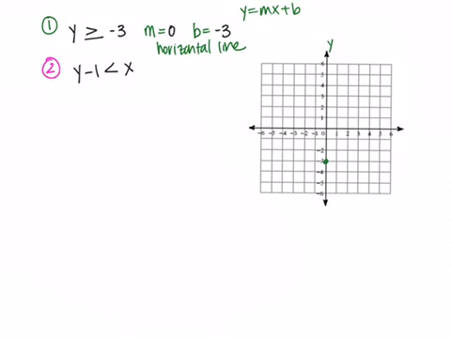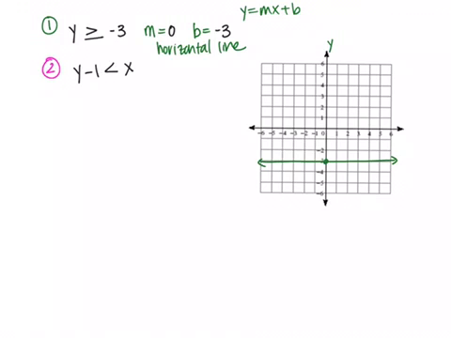So we're drawing a horizontal line, but do I use a dash or do I use a solid line? Well, let's take a look at this inequality here. Notice that it has a line underneath, so I have to use a solid line. So I'm going to go ahead and draw a solid horizontal line at -3. So you can see here that my slope is 0 because it's a flat line.